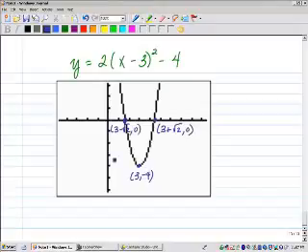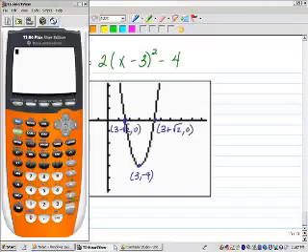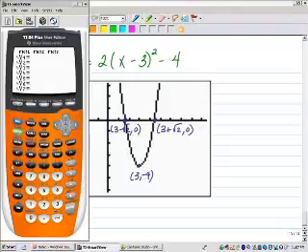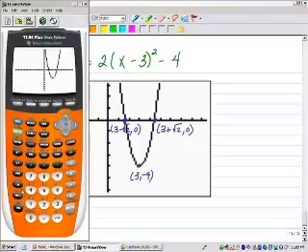Okay. Now on the graphing calculator, I'll close by this. If you press y equals and input 2 times (x minus 3), close parentheses, and square it, and minus 4, and press graph, you'll get the graph.